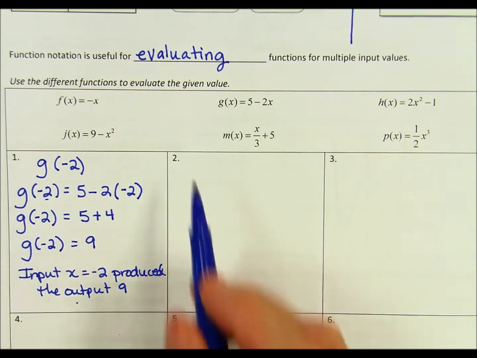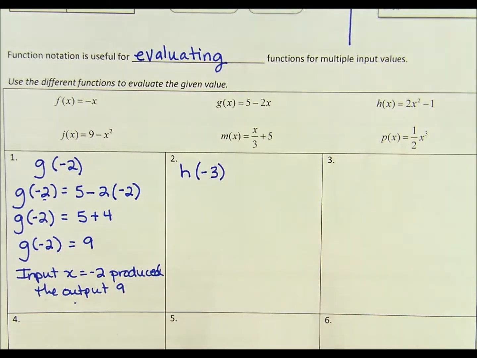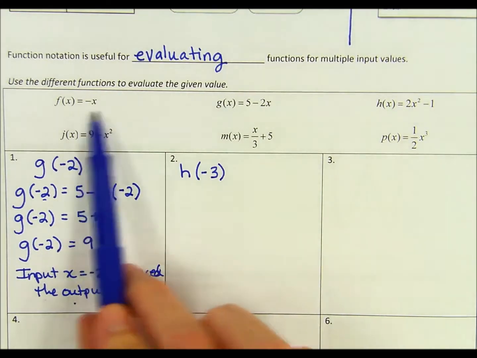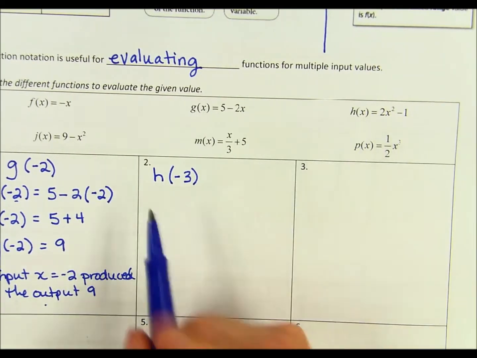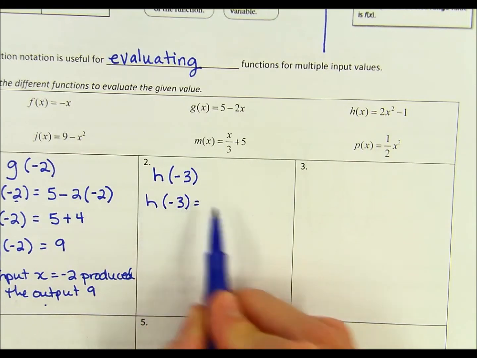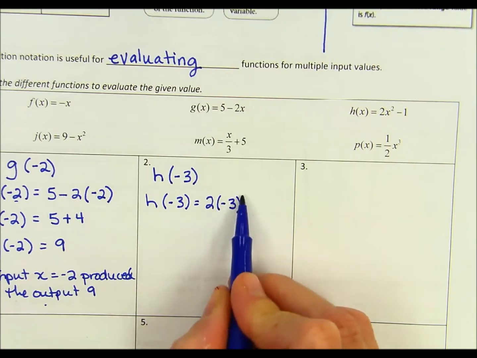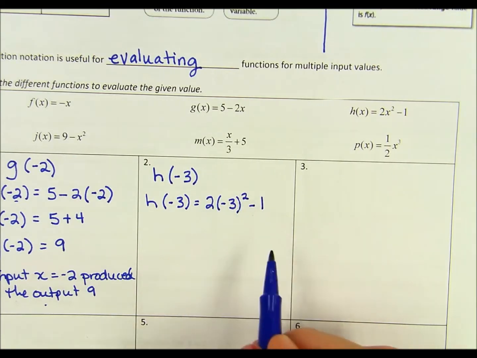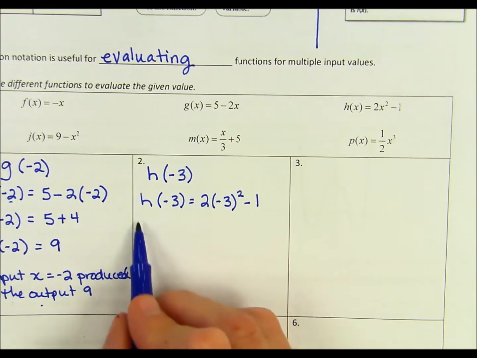Now for number 2, I would like for us to evaluate h of negative 3. So you would look at the top in your function bank, find h, it is right here, and you would say h of negative 3 equals 2 times the input negative 3 squared minus 1. Remember to be very careful, order of operations.